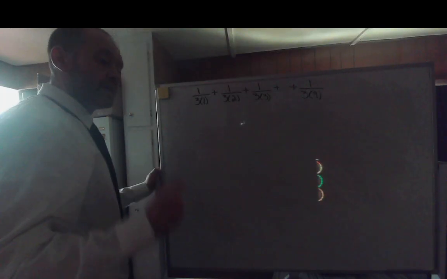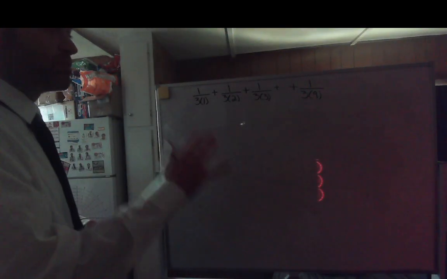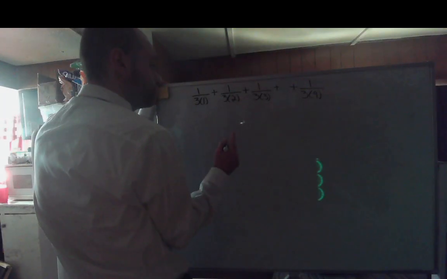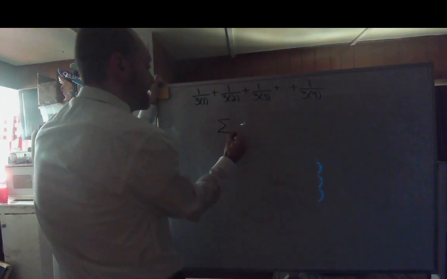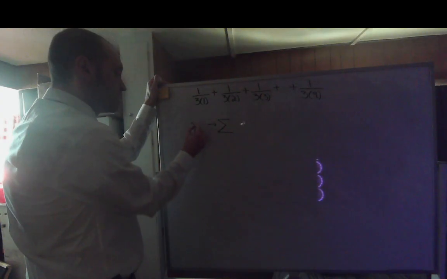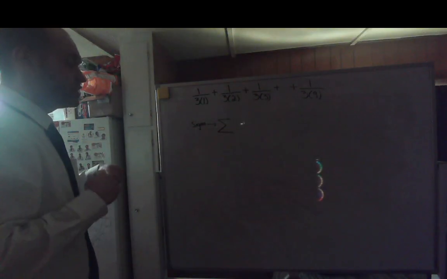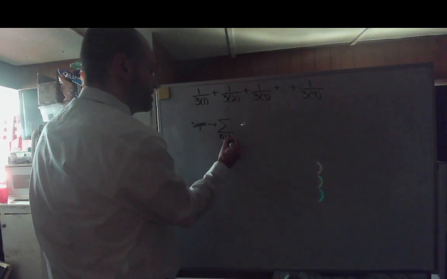So, how are we going to express that? We're not going to add this yet. We're just going to express it. So, how do we express a series? Well, don't let this scare you. When doing a series, we have what's called sigma. This is sigma. That is the Greek letter standing for a sum. Now, in general, it's going to be from your lower index of summation, n equals 1.